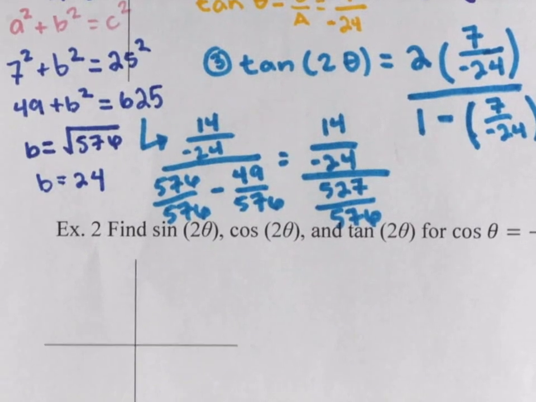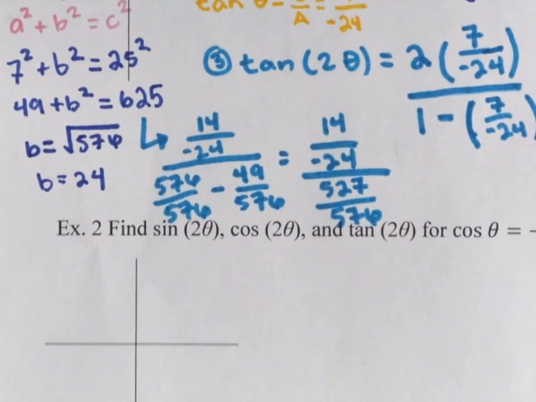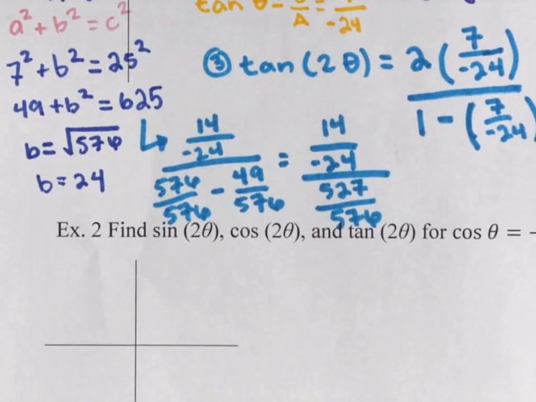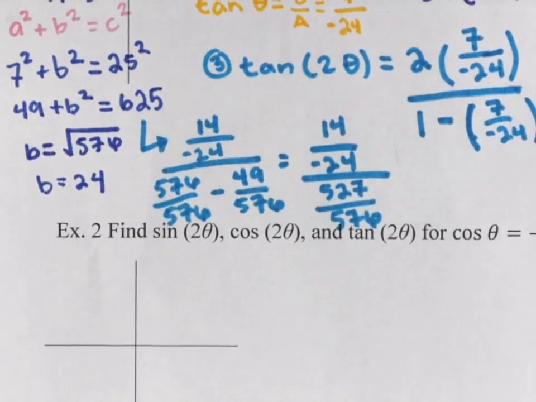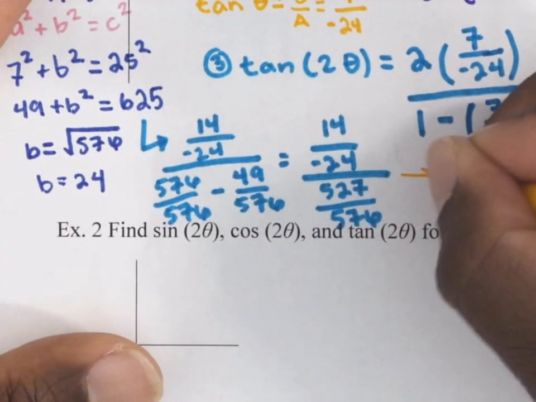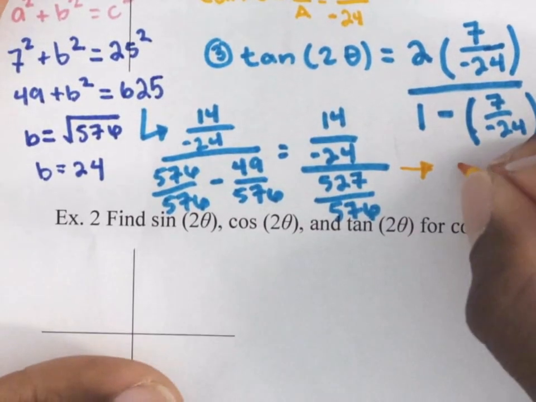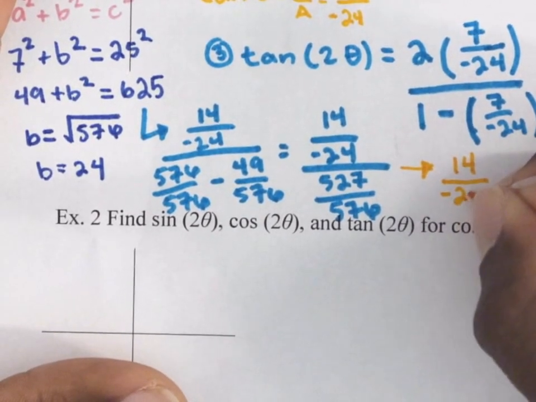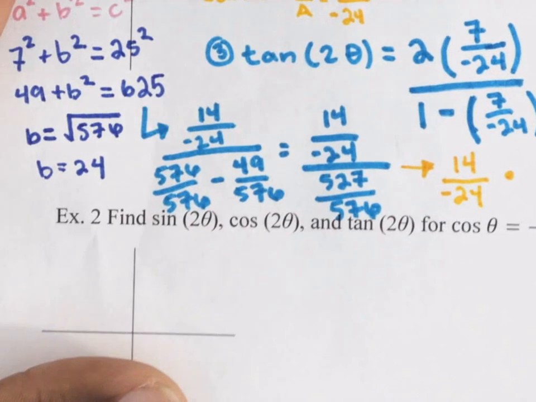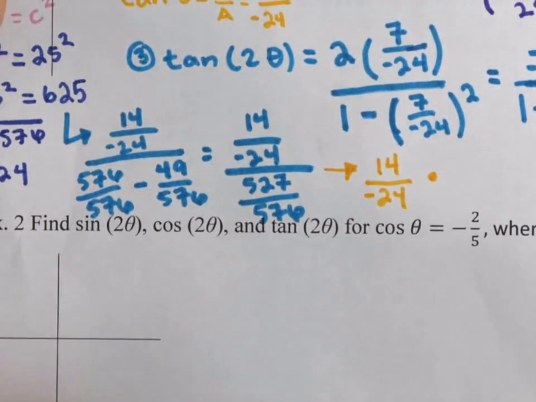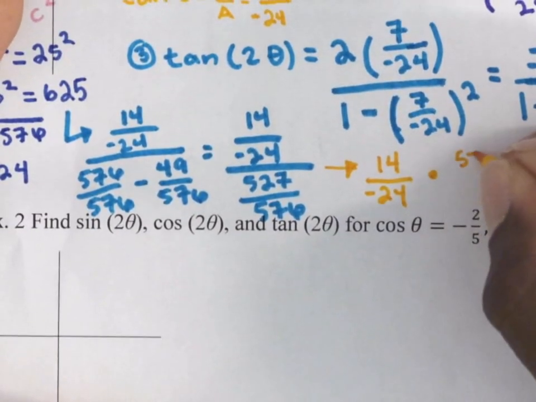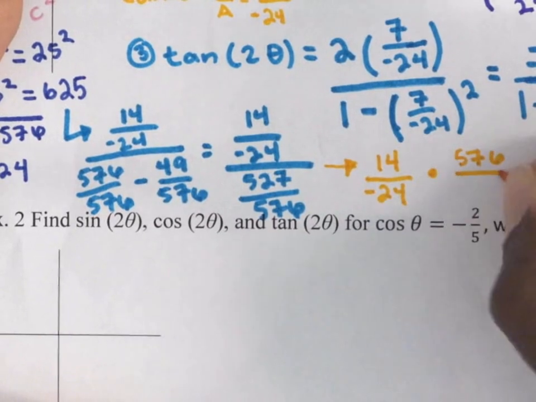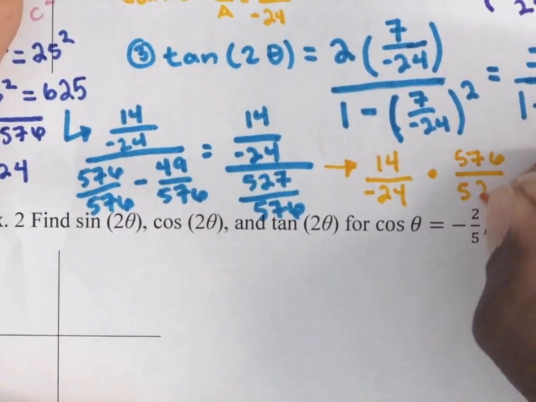All right, so we're dividing a fraction. How do we divide a fraction? Keep, change, flip. So we keep the top, which is 14 over negative 24, times, and then I flip the bottom, so 576 over 527.